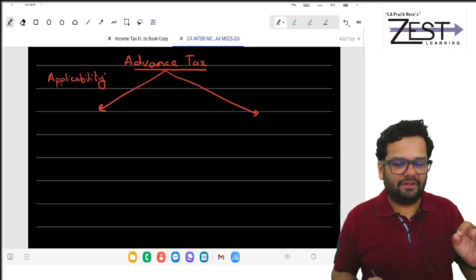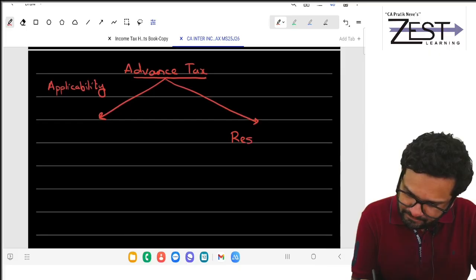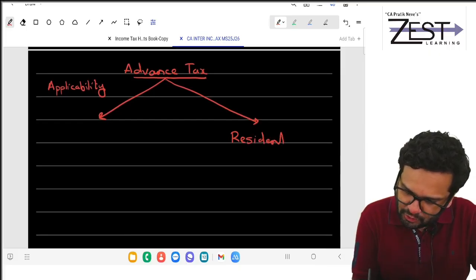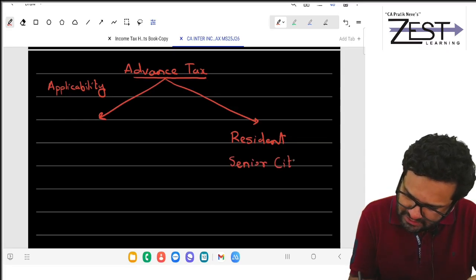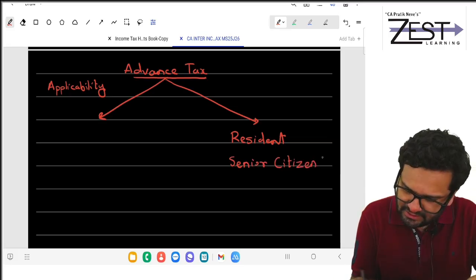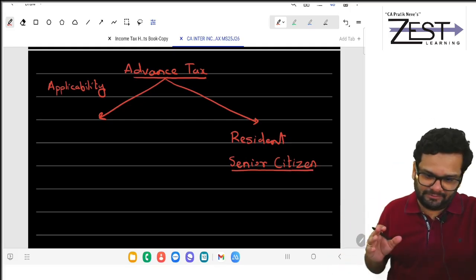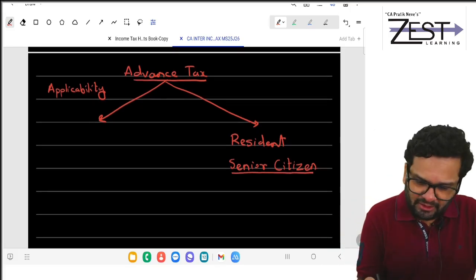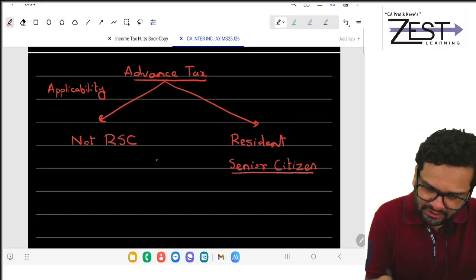One possibility, you are resident. You know special provisions for whom? Resident. Yes, you are a resident senior citizen. Possibility number one. Possibility number two, you are not a resident senior citizen.